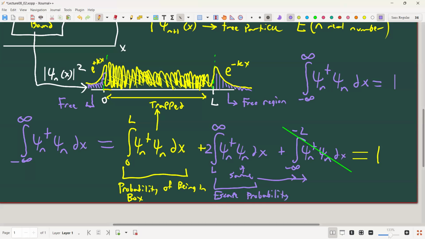It's going to be a small number, because most of the integral is inside the box. It's maybe something like 0.9 and 0.1, for instance, or even smaller than that. So there's a very small probability that it will escape, but there's a non-zero probability. It turns out that the closer you get to the edge of the box, the higher the probability that you will escape.